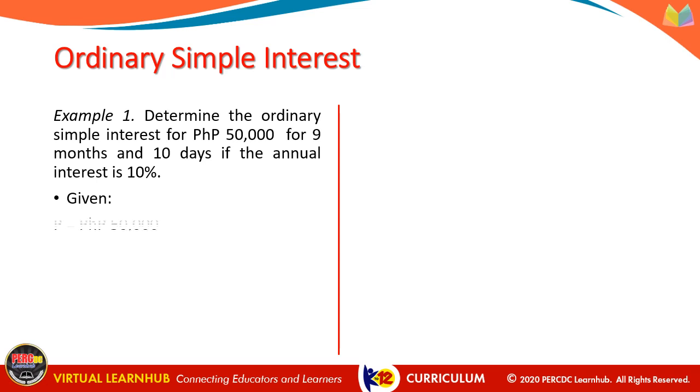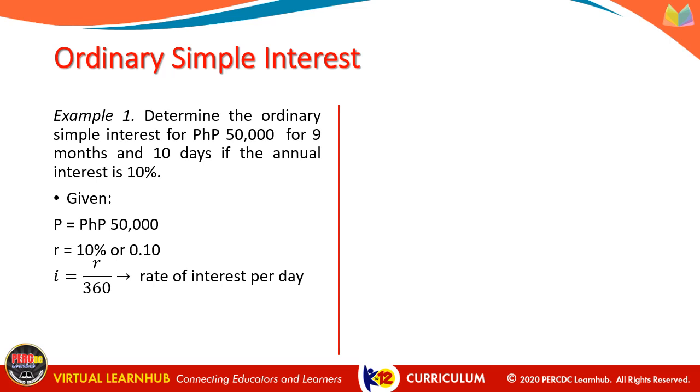Our givens are the principal P or the present value, which is 50,000 pesos, the nominal rate r or the stated yearly interest rate 10% or 0.10, our interest rate per day, that's r/360, rate of interest per day for ordinary simple interest computation, and n is equal to 9 months and 10 days. We are required to solve for the uppercase I or the interest earned.